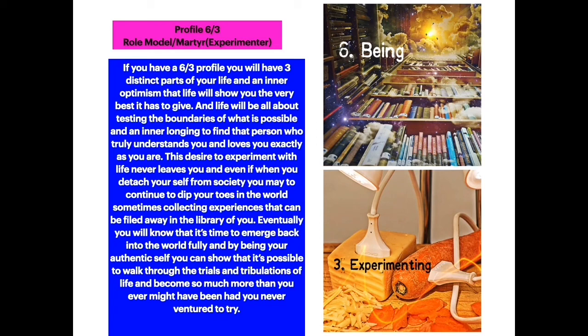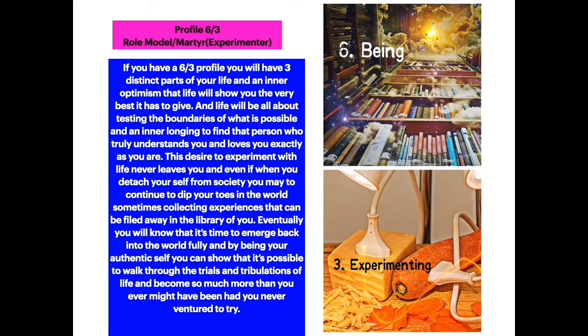Somebody with a 6-3 profile will continue to experiment with life, and yes, the experimenting will probably get a little more settled and maybe won't be so intense as it was in the first part of their life, but it will always be part of their profile, and it is always going to be who they are.